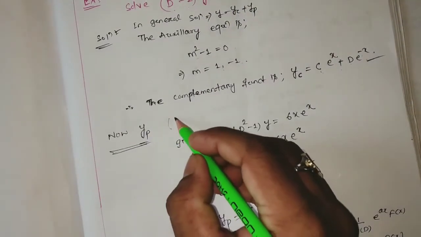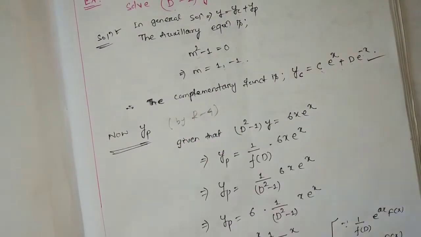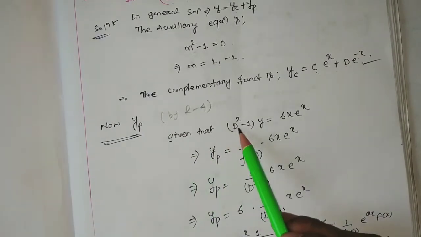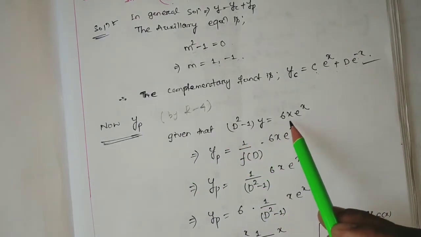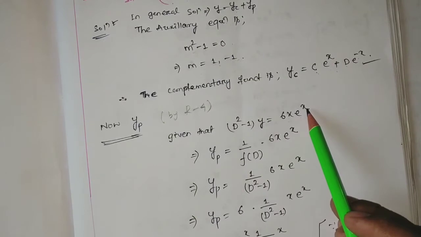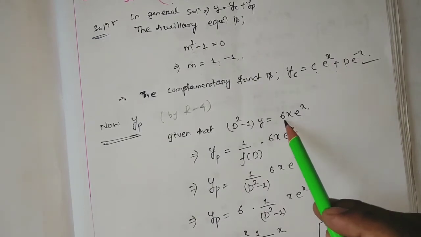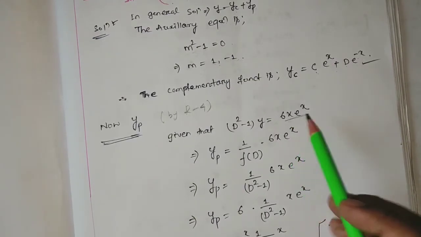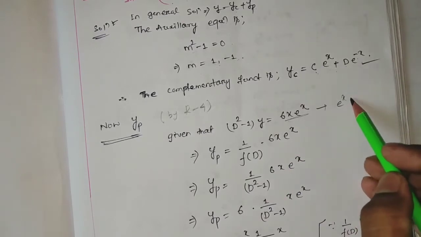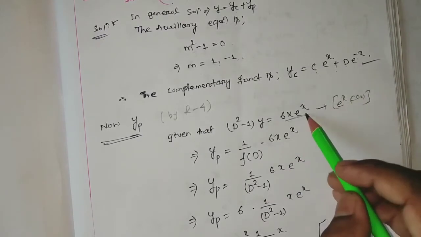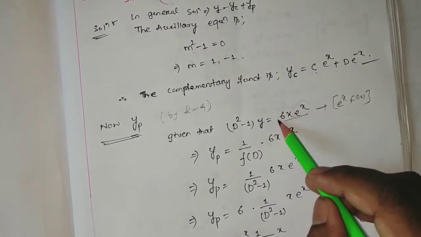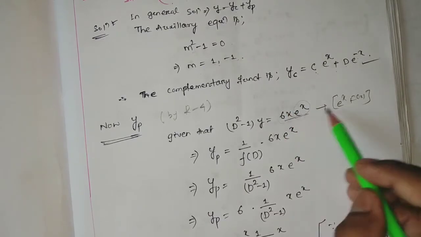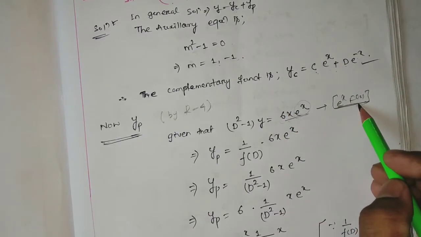Given that D square minus 1 y equals 6x e to the power x, this is our source function. So this is in the form of e to the power x into f(x). E to the power x is there, and another function is multiplied with this one. So this is in the form of this one, meaning we have to apply rule 4.